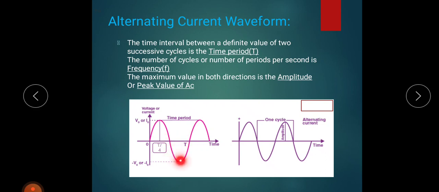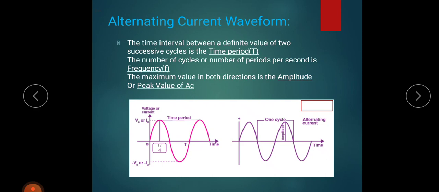Here its direction changes after every half cycle. This is the positive half cycle and this is the negative half cycle of the alternating current.